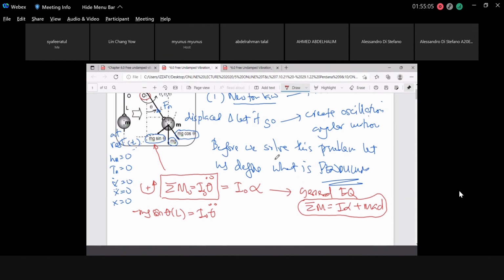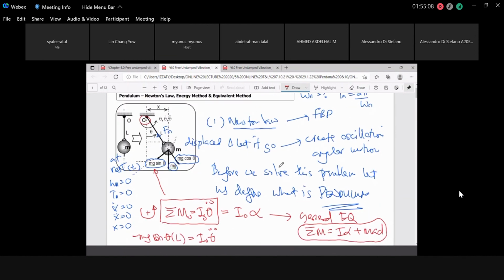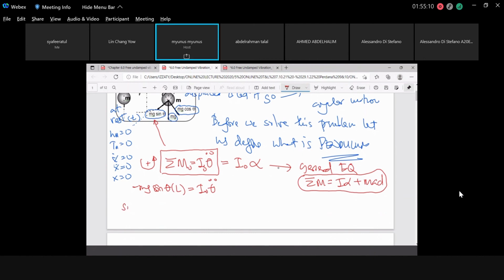But what you need is this theta, a small displacement, theta approaching 0. When theta approaches 0, cos 0 equals 1 and sine 0 equals 0. It simply means that sine theta equals theta.